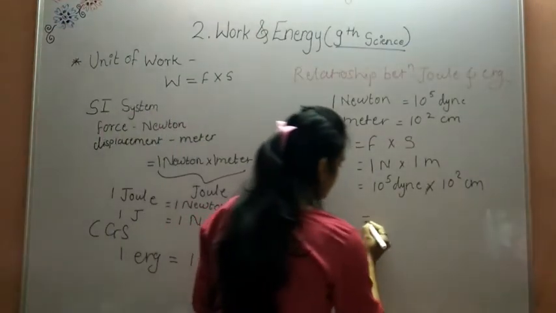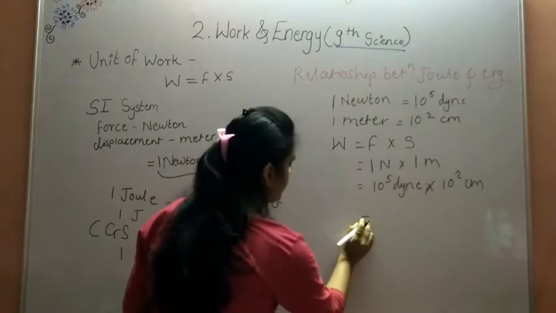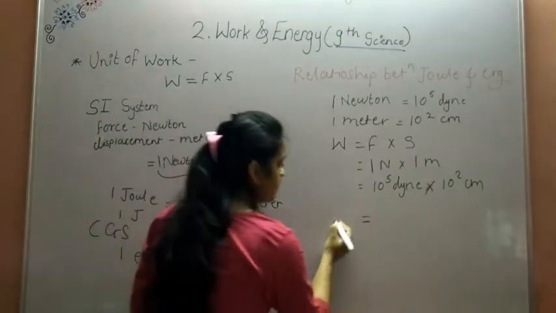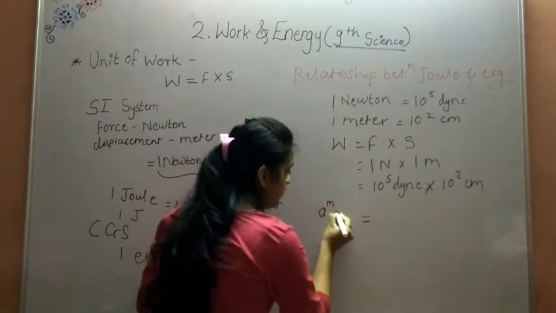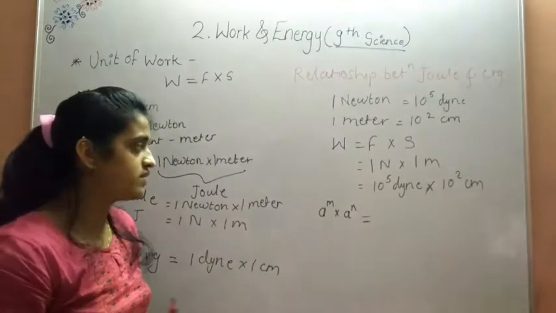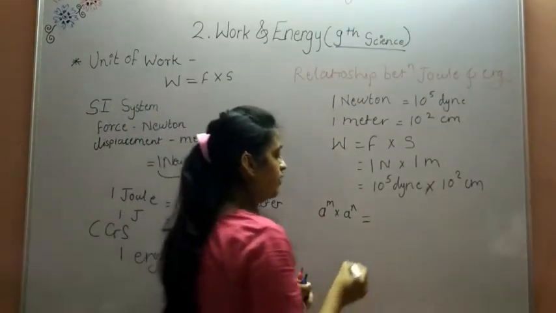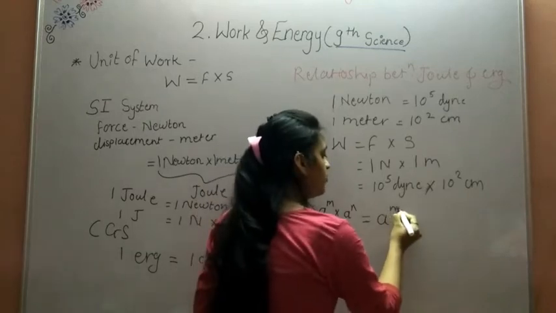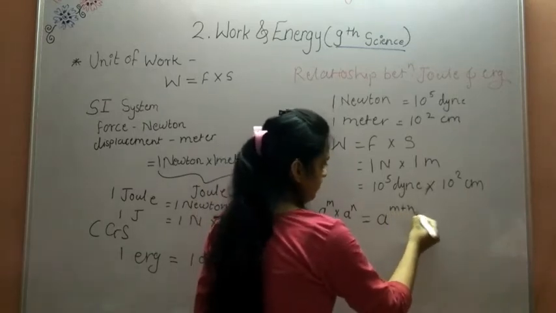According to the laws of indices, a raised to m into a raised to n, we add the powers: a is common and we add the powers m plus n.